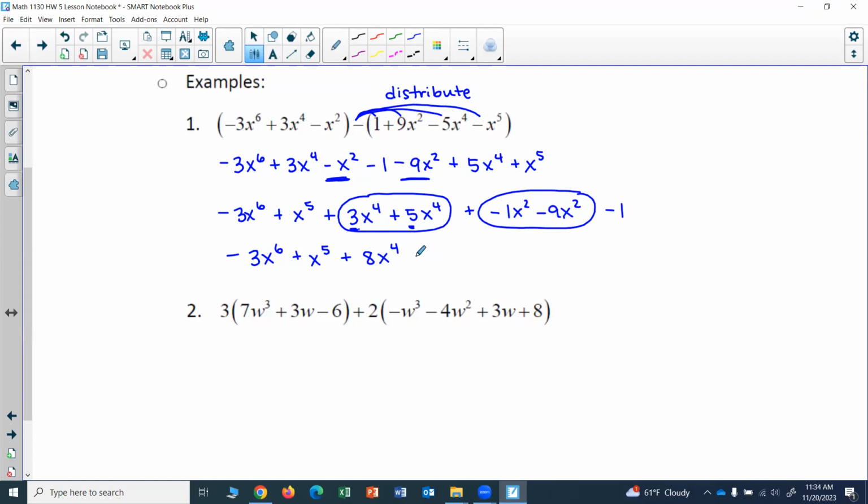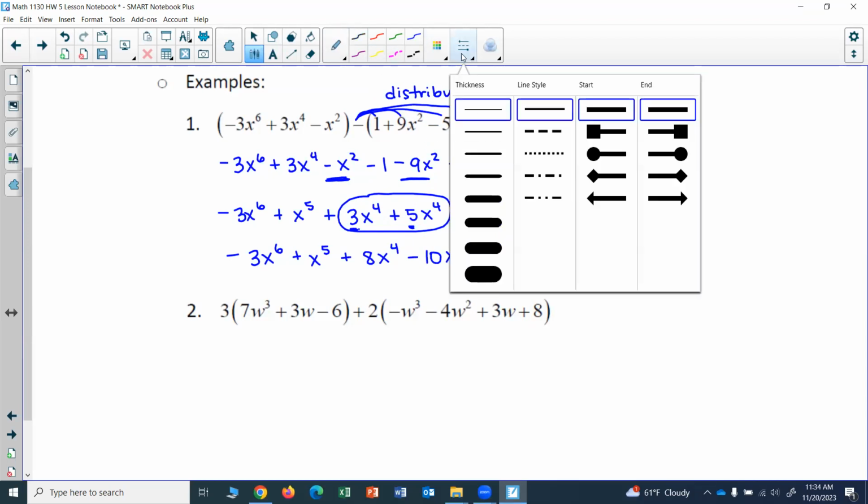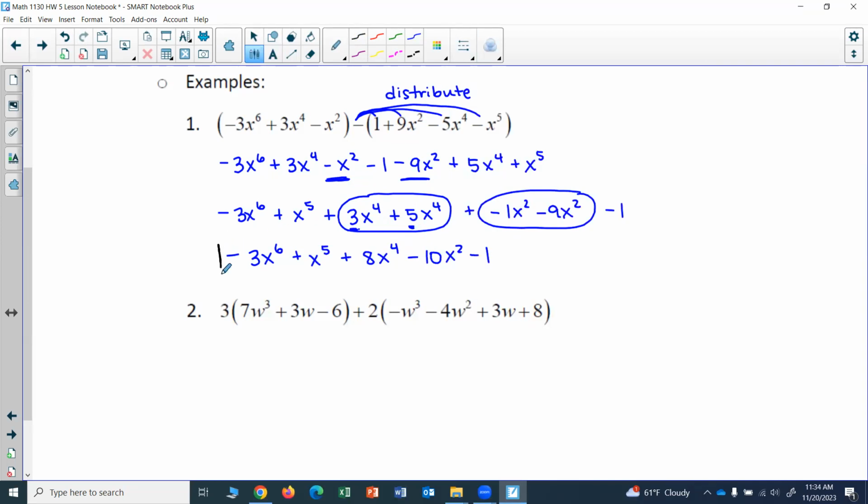Negative 1 and negative 9 is minus 10. So I have minus 10x squared and then minus 1. This would be my final answer because I don't have any more like terms to combine. All right, so I've combined the like terms on that one.